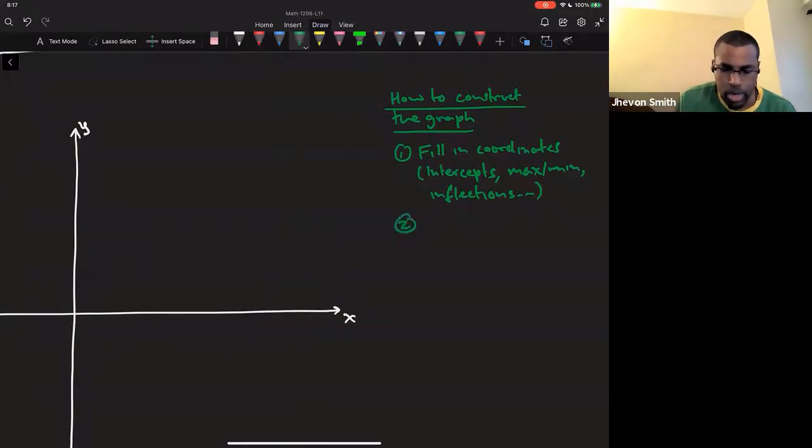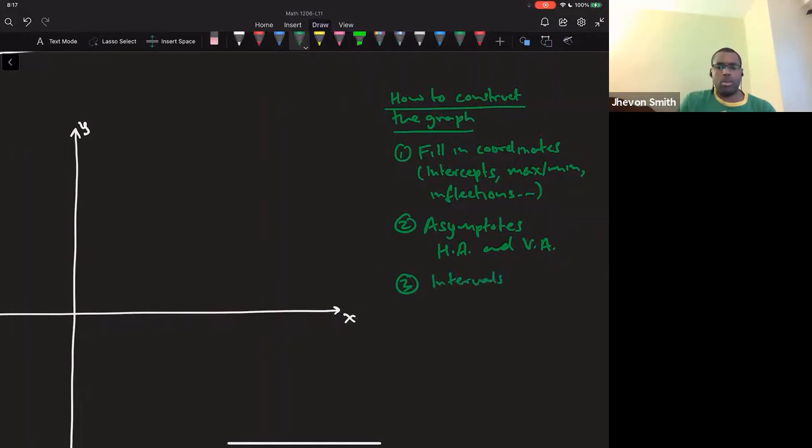The second thing I would put in are the asymptotes. You're going to put in your horizontal asymptotes, your HA and VA. The third thing I would put in would be the intervals: intervals of increasing, decreasing, intervals of concavity.